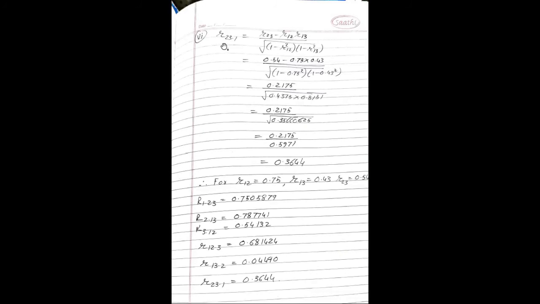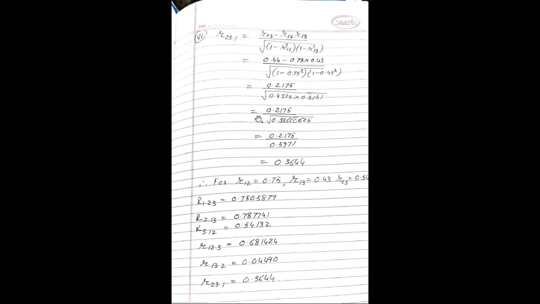Then R23.1 can be calculated as R23 minus R12 into R13 divided by square root of 1 minus R square 12 into 1 minus R square 13, which is nothing but 0.54 minus 0.75 into 0.43 divided by 1 minus 0.75 square into 1 minus 0.43 square, which can be written as 0.2175 divided by 0.4375 into 0.8151.